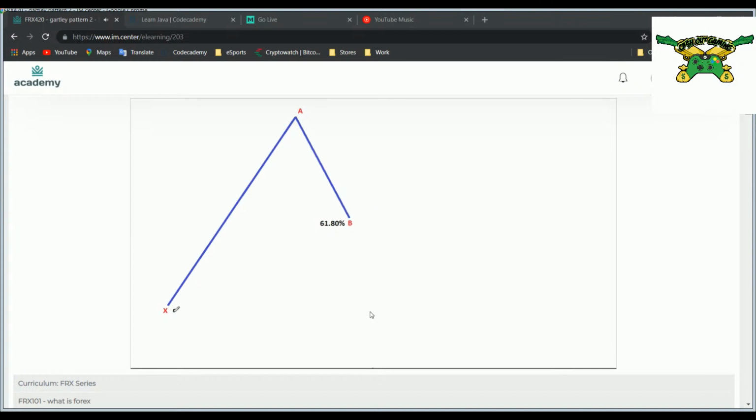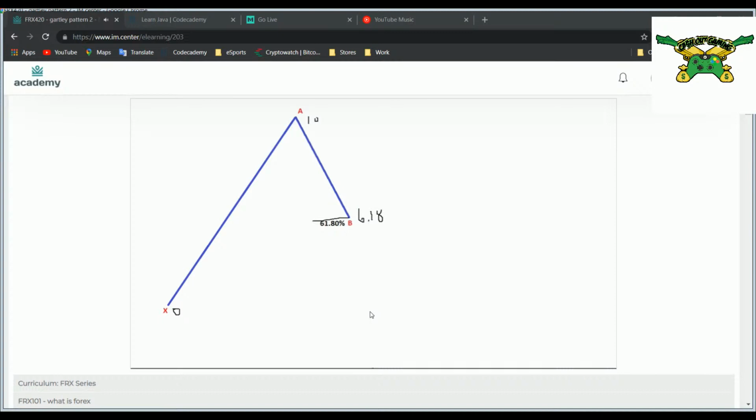Hypothetically, if this was 0 and this was 10, okay, this would be 6.18. So X, A, B is the retracement from that prior leg. The diagram shows the retracement from the X to A leg to B.